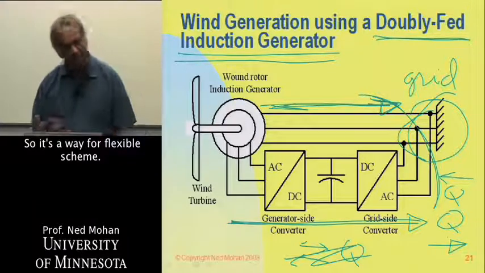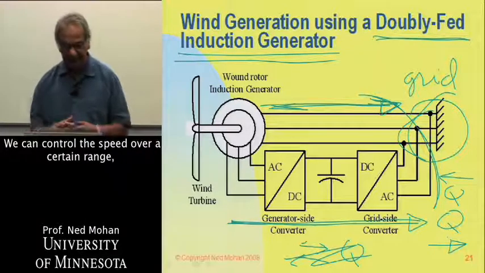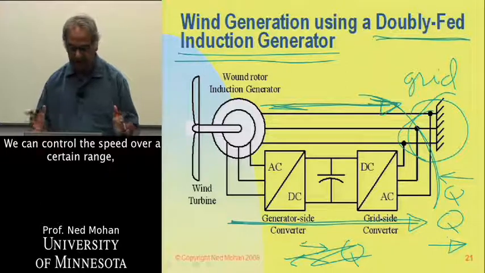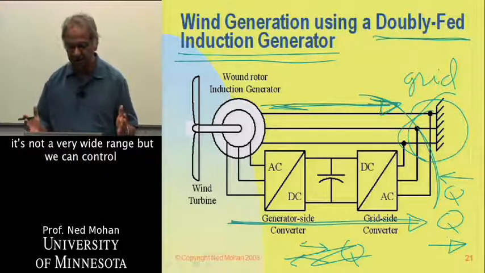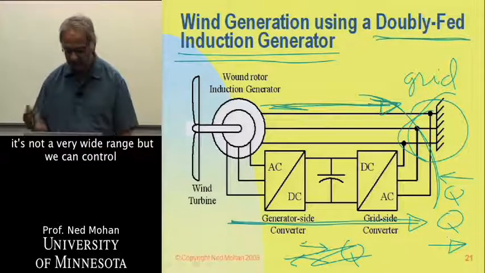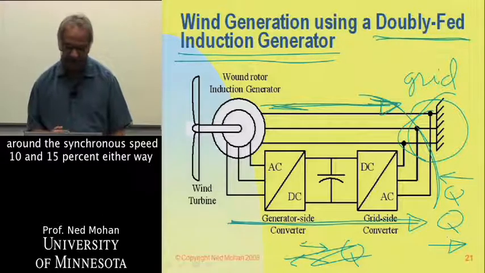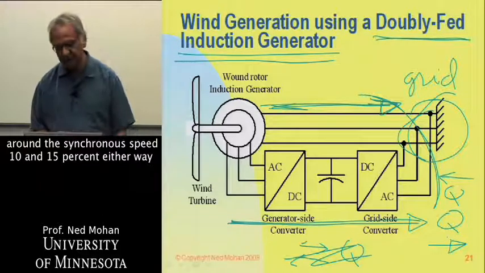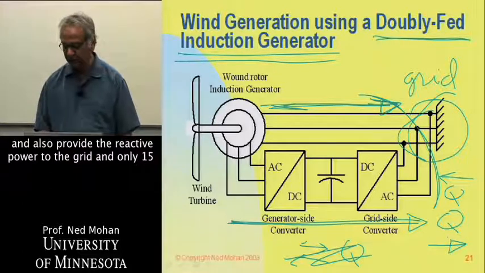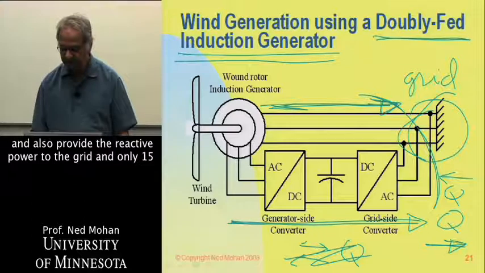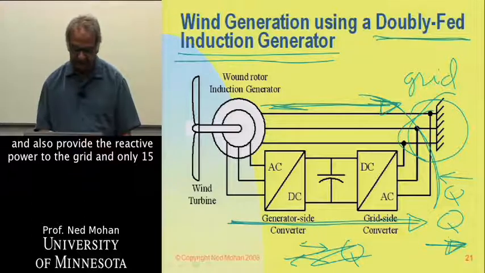So it's a very flexible scheme. We can control the speed over a certain range. It's not a very wide range, but we can control around the synchronous speed, 10 to 15% either way, and also provide the reactive power to the grid.